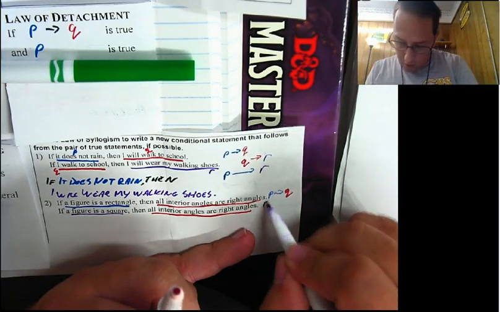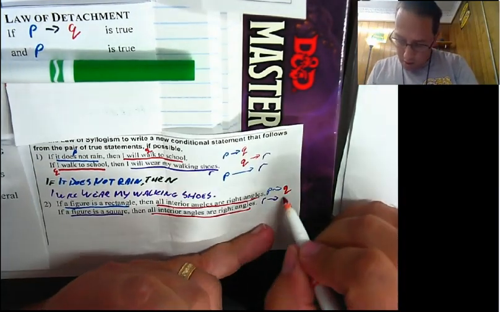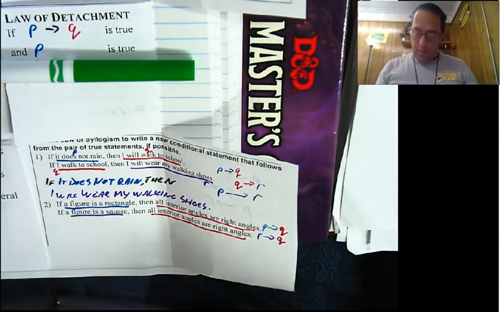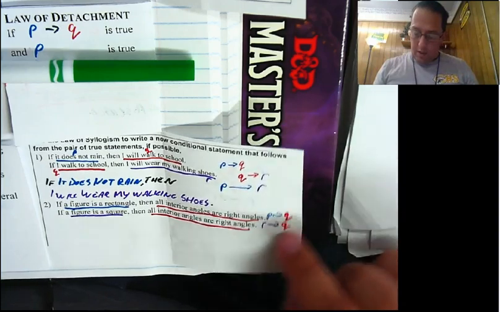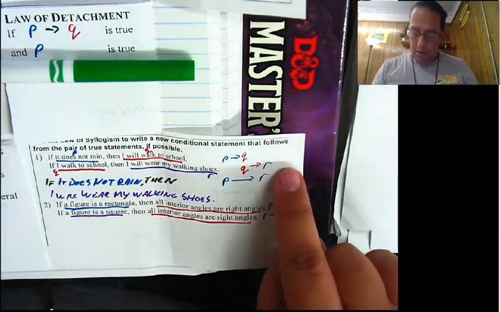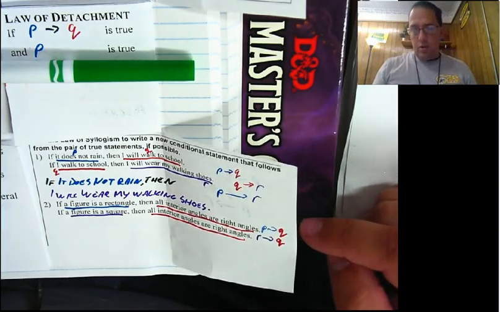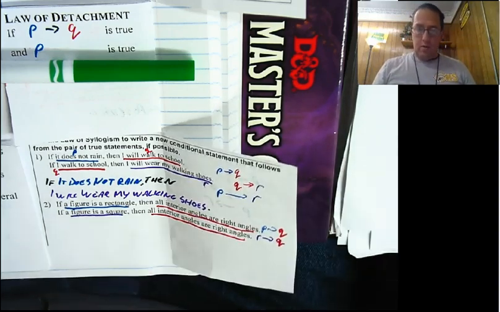I have R, then Q. So looking at this, notice my Q's line up, but it doesn't flow, right? It doesn't go from one to the other, does it? These are both conclusions. And since these are both conclusions, can I put P with R?